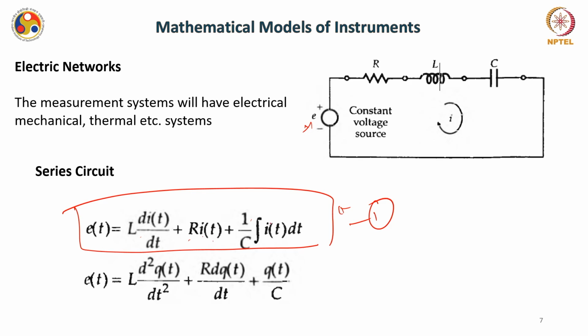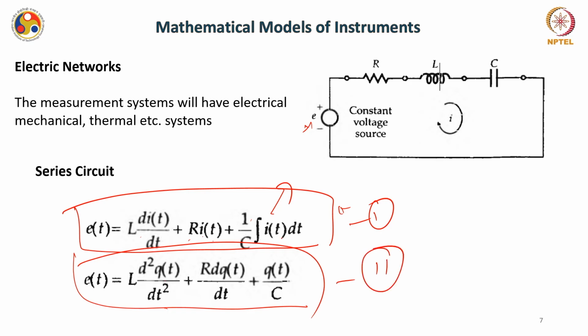Say if I want to write this equation in another form, in the form of charge, okay, I can also write it like e is equal to L d squared q by dt squared plus R dq by dt plus q(t) by C, right. So the same equation is now represented in the form of charge, okay.